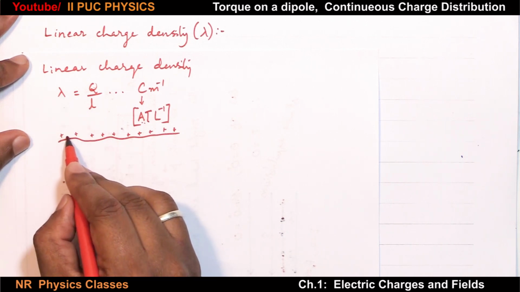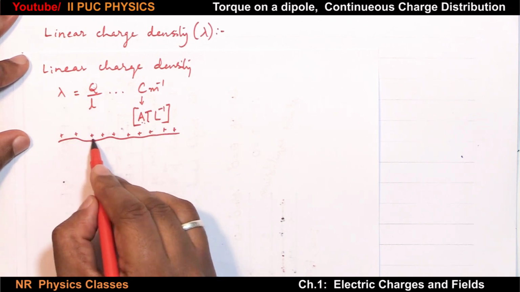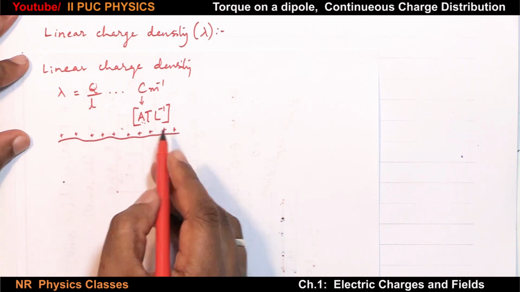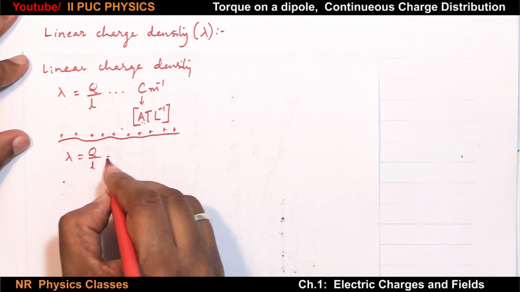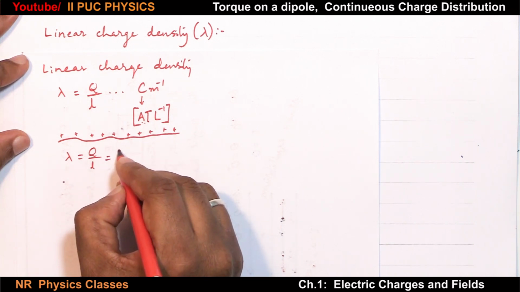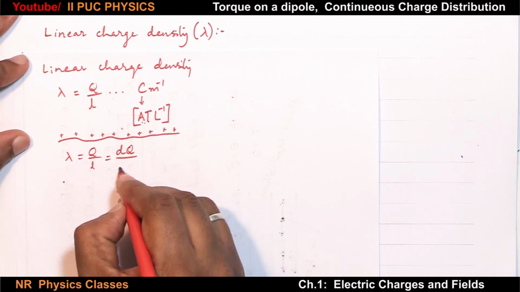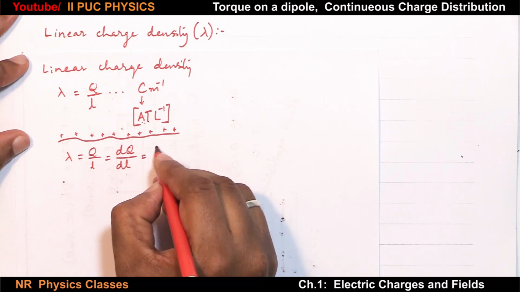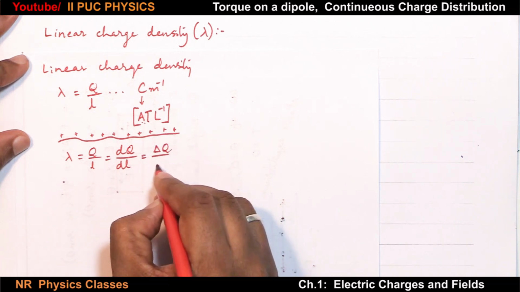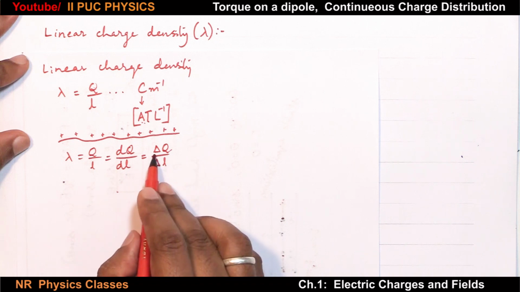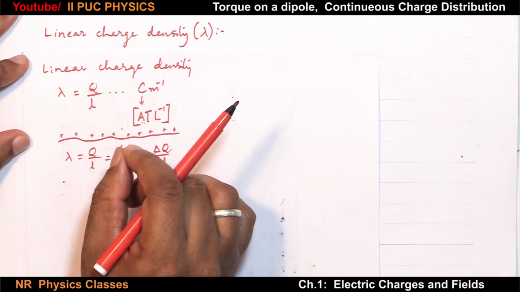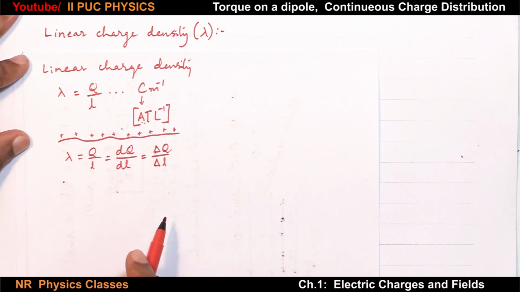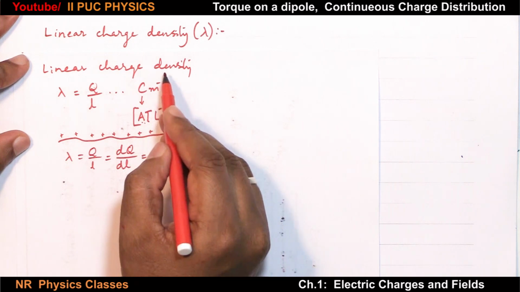If the charge distribution is uniform, then lambda, which is total charge by total length, can also be written as small charge dq by dl or delta q by delta L. Delta means any difference, dq means very small difference.